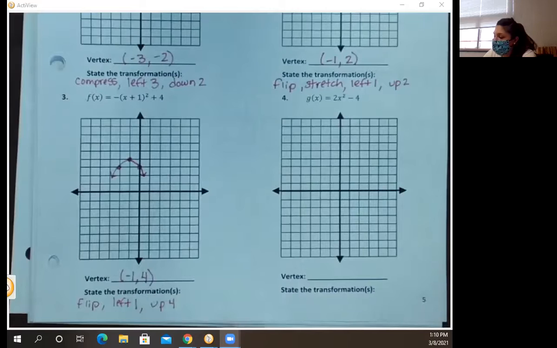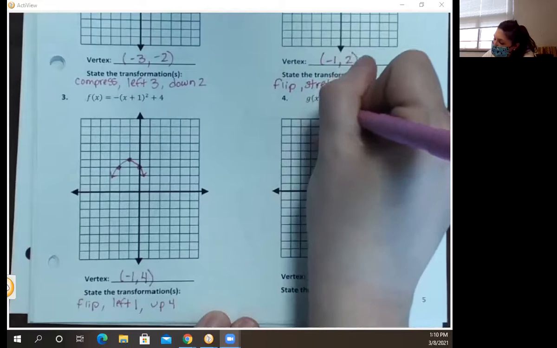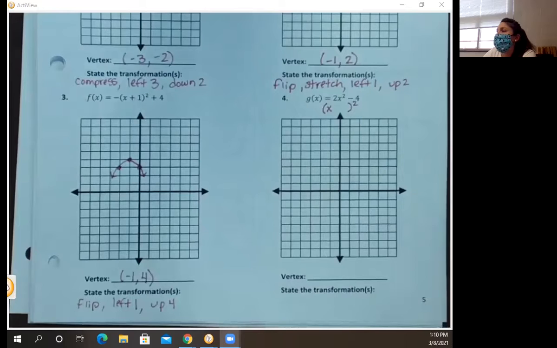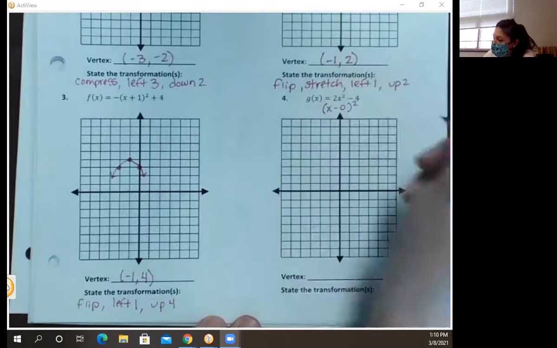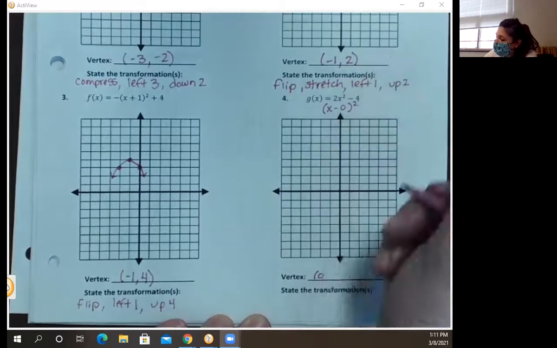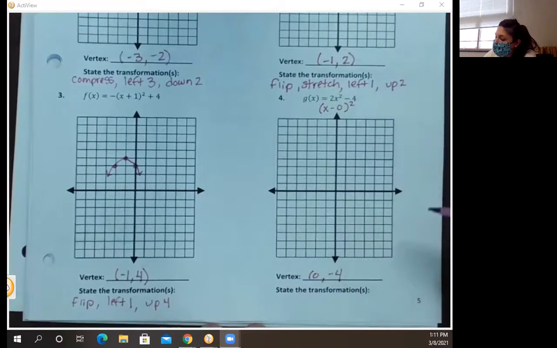Okay, number 4 looks a little different than the other functions that we've seen. I don't see x in parentheses with anything. What's the only thing I could have put in parentheses with x that I wouldn't have to write? 0. This would have to be a 0. So that means that my vertex is at 0, comma -4. So we haven't moved left or right at all.